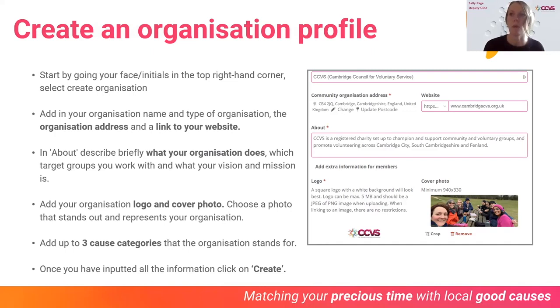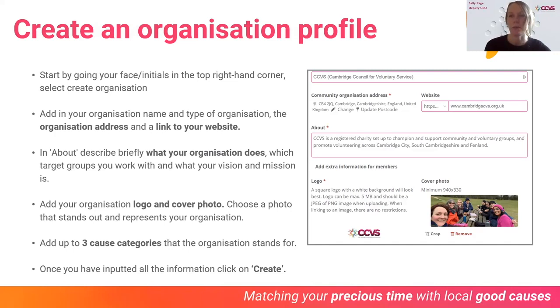But this is what somebody will see if they're just glancing at your profile. So make sure you're talking about your organisation, not your volunteer roles, and try and explain the difference that you make, just so someone has a nice overview. So give that a little bit of thought. It might be that you can just copy and paste something that you already have, but if you need help with that, then do let us know.